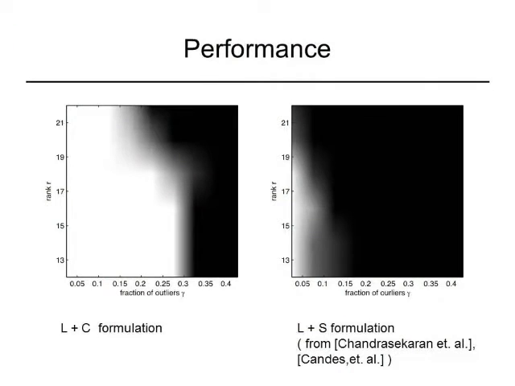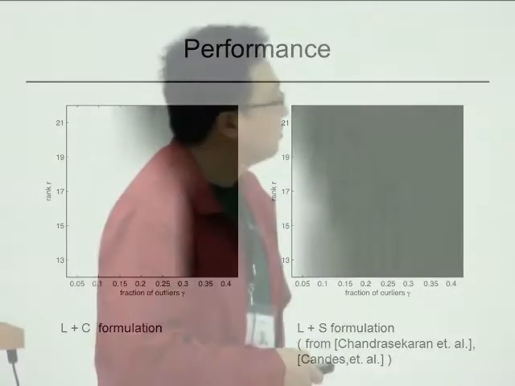So this is some numerical comparison between the proposed formulation and the other formulation, which was proposed by Chandrasekaran et al. and Candes et al. In their formulation, they're considering the problem of robust PCA with feature corruption.